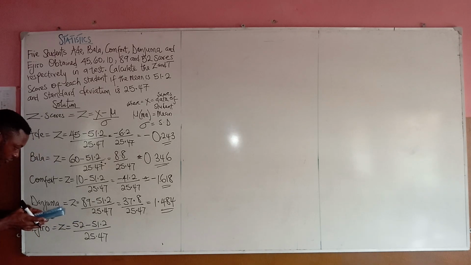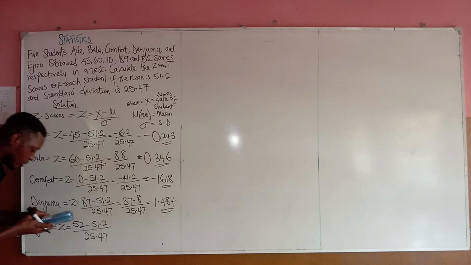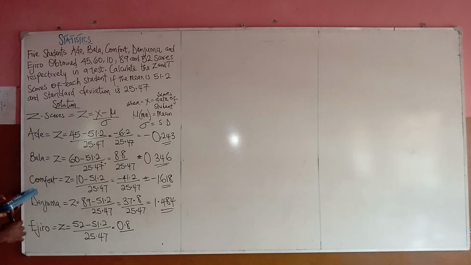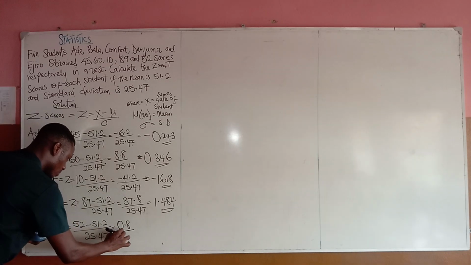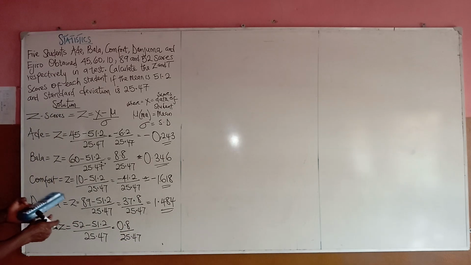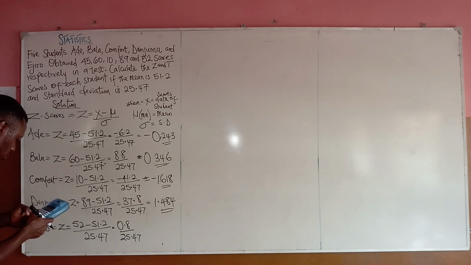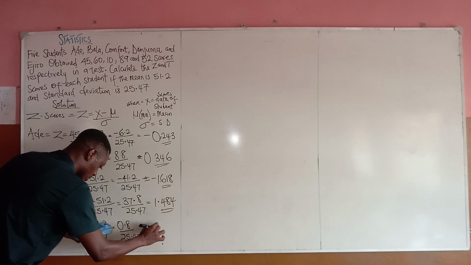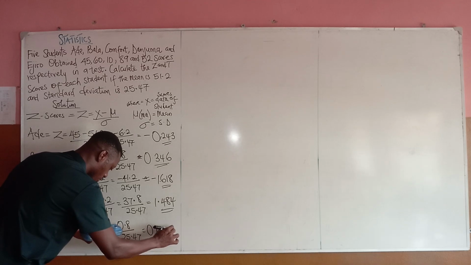Now 52 minus 51.2 will give me 0.8, divided by 25.47. Now, if we are dividing this by 25.47, that will give me 0.0314.